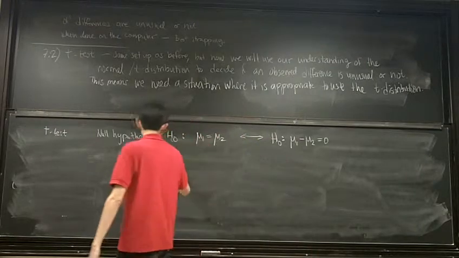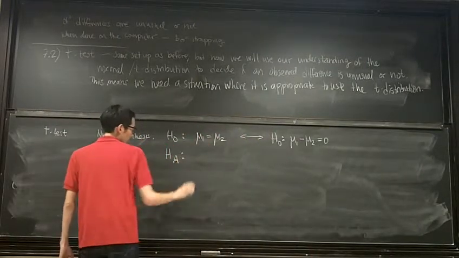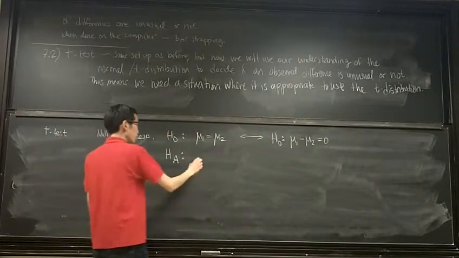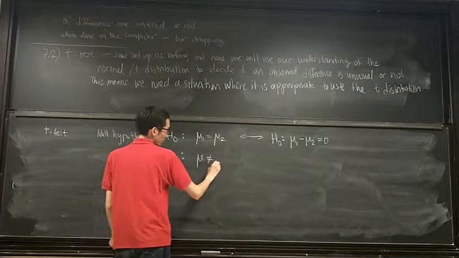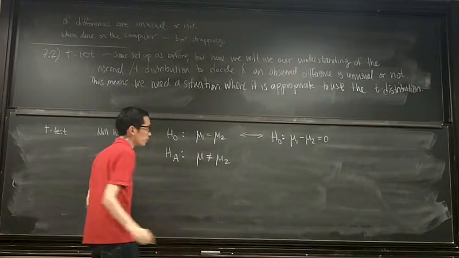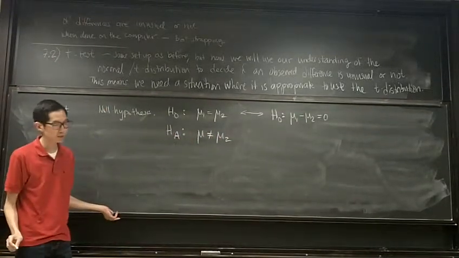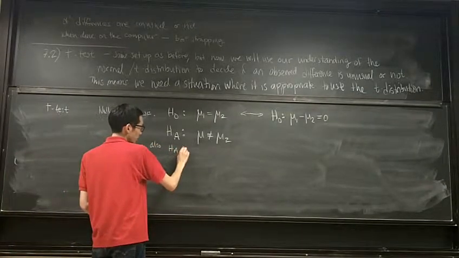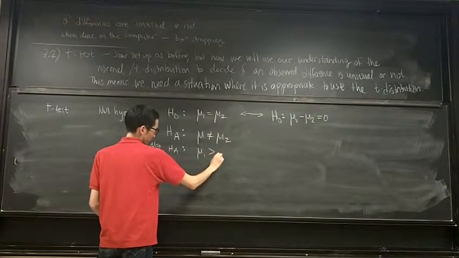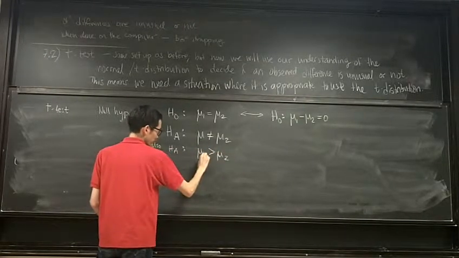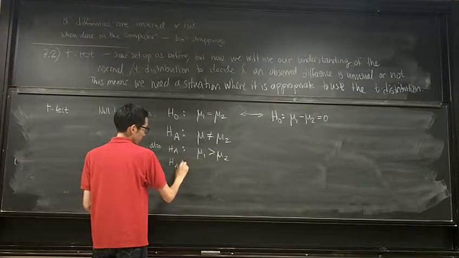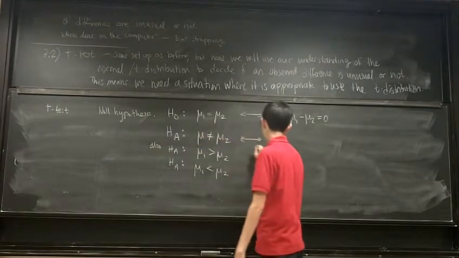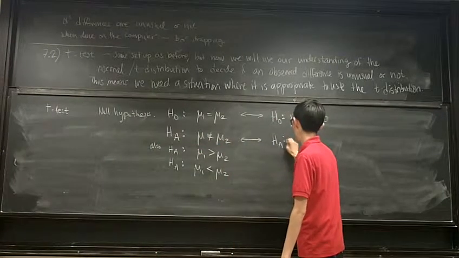Because they say the same thing. And then the alternative is basically that the null is false. In this case, we can have a few alternatives. One of the most common is that they are not equal to each other, but also other possibilities, and conversely these all become.